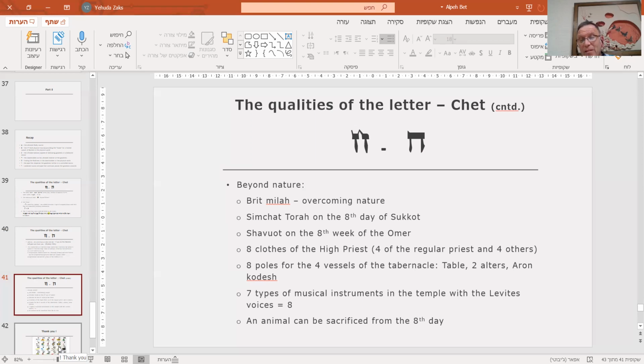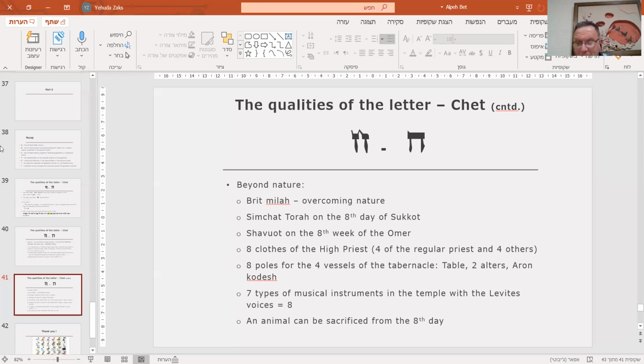For an animal sacrifice, an animal is only kosher to be used as a sacrifice. You're allowed to eat it for regular purposes when it's younger, but you can only bring it for a sacrifice, you can only make it supernatural, on the 8th day. So just a series of examples where we see that 8 in our tradition is always linked with the supernatural.